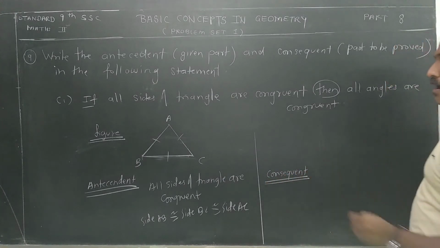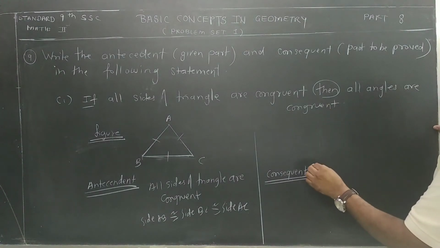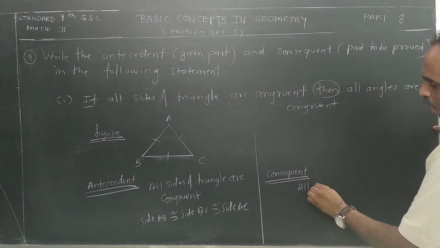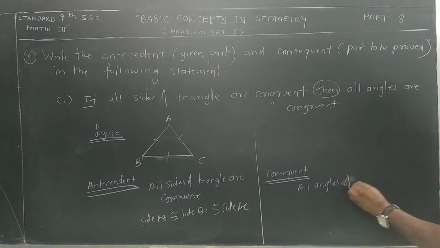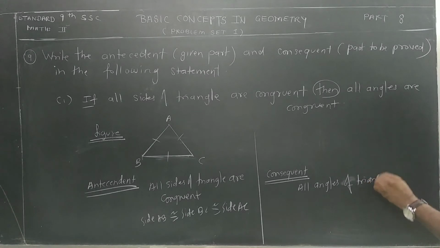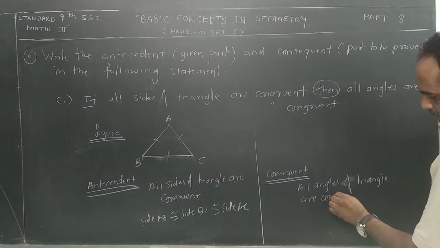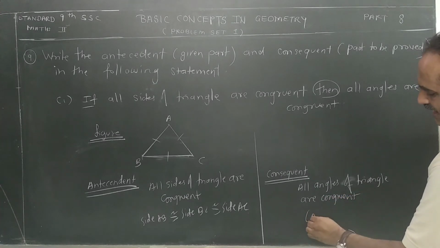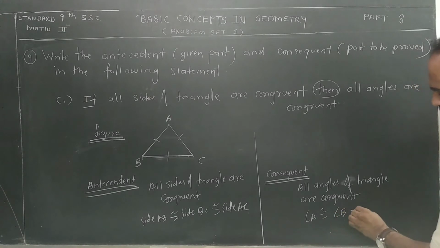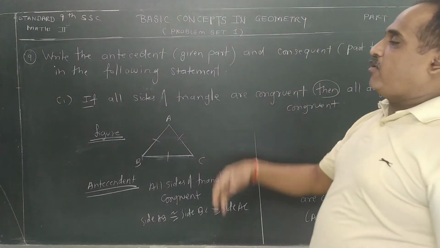In the consequent part, what am I going to write? All angles of a triangle are congruent, which means angle A is congruent to angle B is congruent to angle C. See what they asked: write the antecedent and consequent of the following statement.